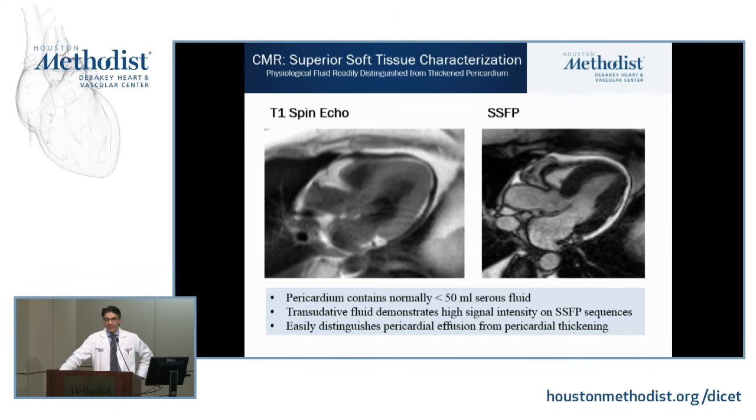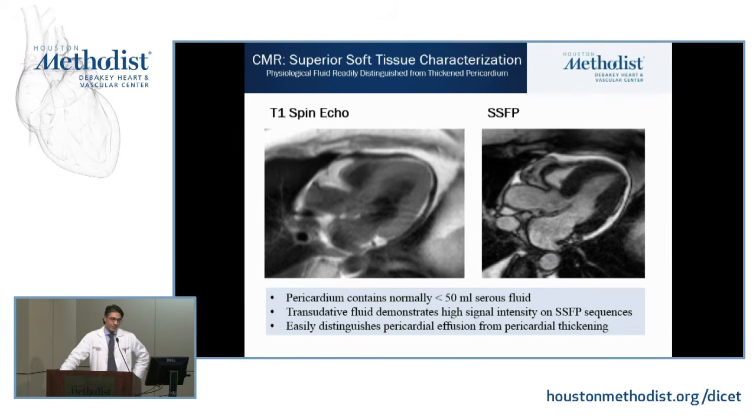Both can look hypo-intense by echocardiography. And with CT, you often have a merger of the tissue intensities, and they can almost look exactly the same. I'll show you a case of that.